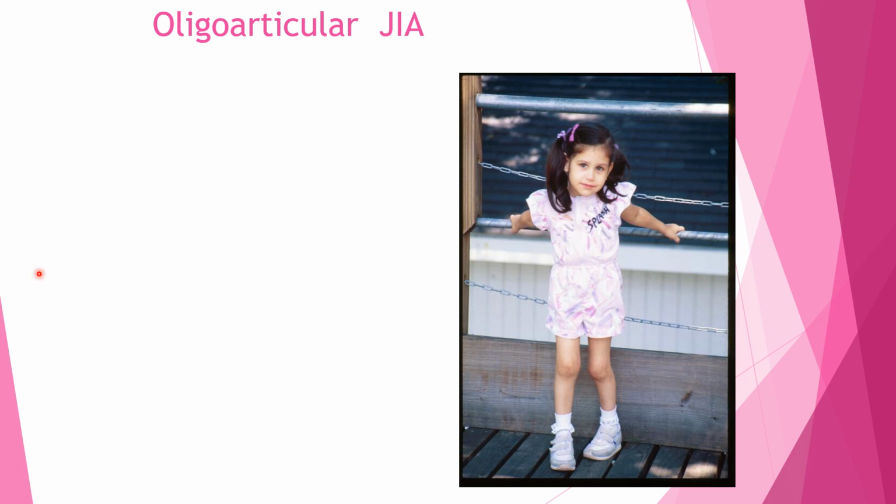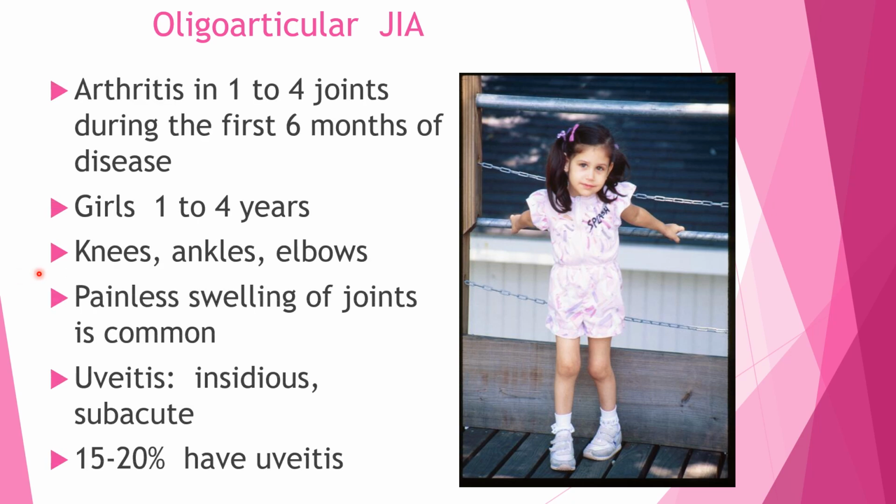So, oligo-articular JIA means arthritis in 1 to 4 joints during the first 6 months of the disease. It affects mainly girls from 1 to 4 years, although it may affect girls or boys of older ages up to near 16.